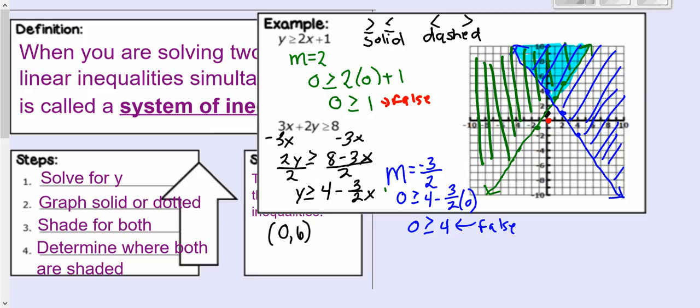One solution could be 0 and 8. One solution could be 2 and 8. And then I could also have a solution in that area that's on the line. So I could have a solution of 0 and 4. I could have a solution of 2 and 5.